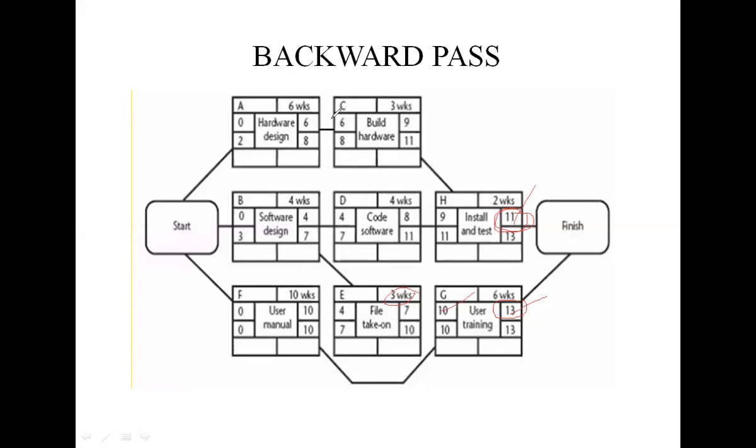H will start at week 11. So 11 minus 3, that is 8. And for the other it is 10 minus 3, that is 7.